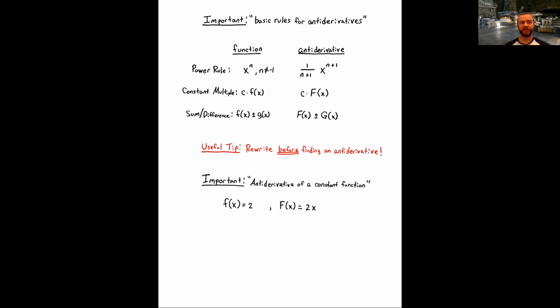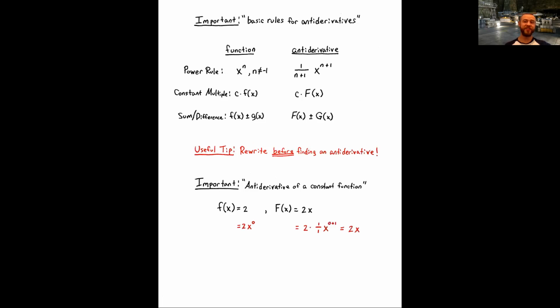The reason we didn't mention this in the table is because we kind of already did, but we didn't mention it. You can think of the function 2 as a power of x. It's the case where the power of x is 0. Recall, anything to the 0 power is 1. So what we can do is express our function, little f, as 2 times x to the 0. That's algebraically correct. And then we can apply the power rule for antiderivatives.